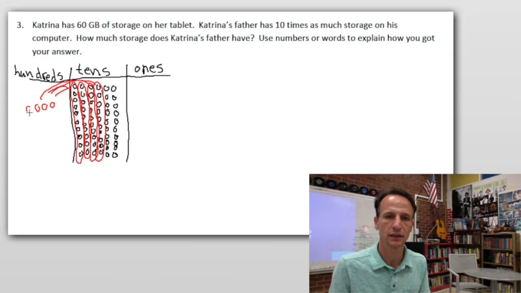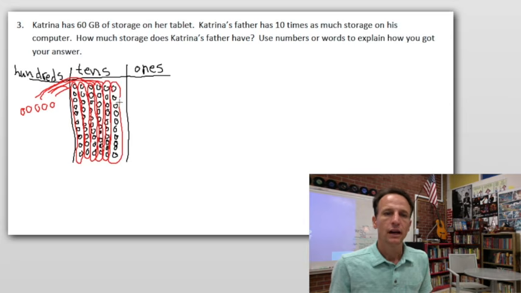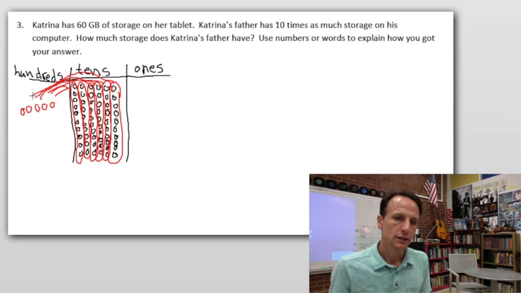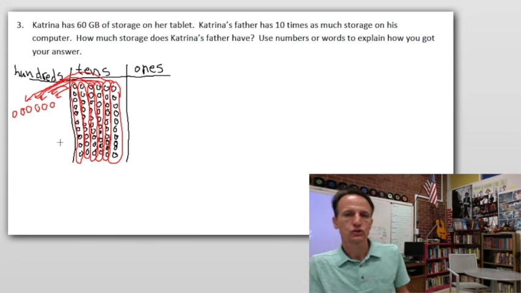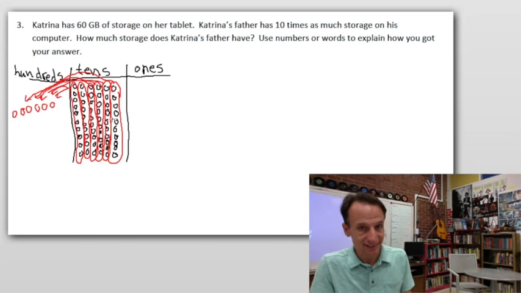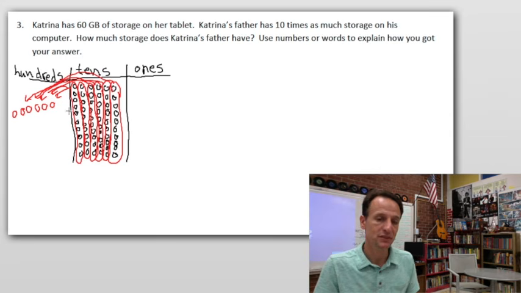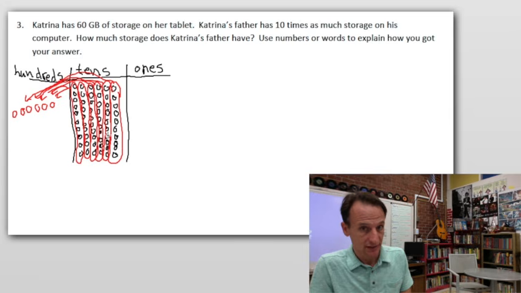That's another 100. And these 10 tens, that's another 100. And lastly, these 10 tens, that's another 100. And put some arrows on here. Beautiful. Okay. So her 60, 10 times as much, we see once we bundle it up, it's 60 tens, which is 6 hundreds.